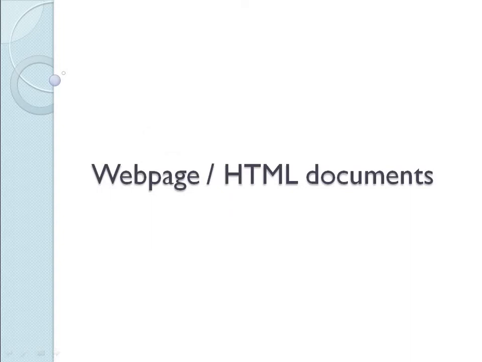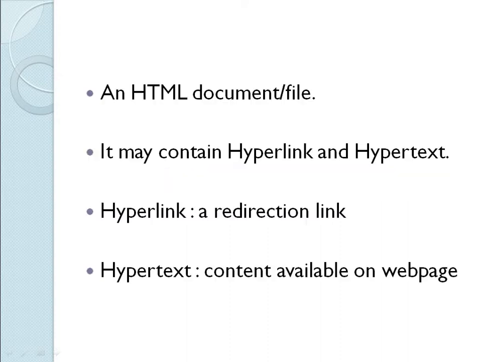A web page is a document created with the help of HTML. This is also known as the HTML document or HTML file, and it may contain hyperlinks and hypertext. Means a website is the collection of hyperlinks and hypertext. It is not necessary that every web page will have hyperlinks, but every web page contains hypertext.